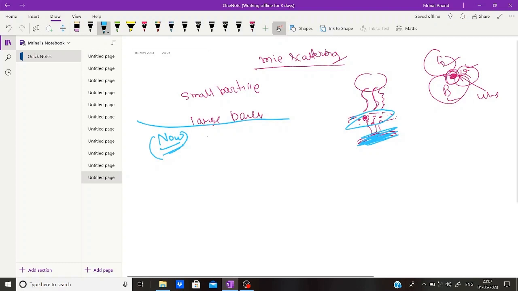Now let us make a principle. From this whole phenomenon we can create a principle or some characteristics.